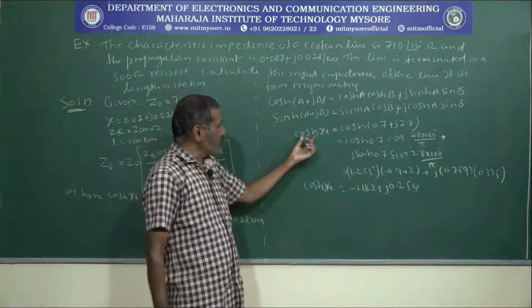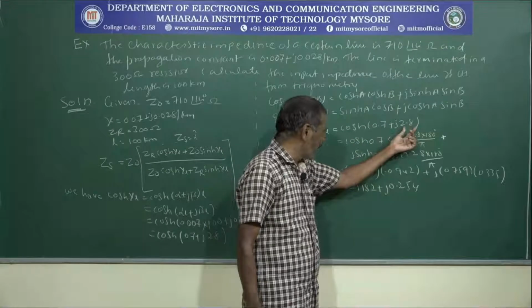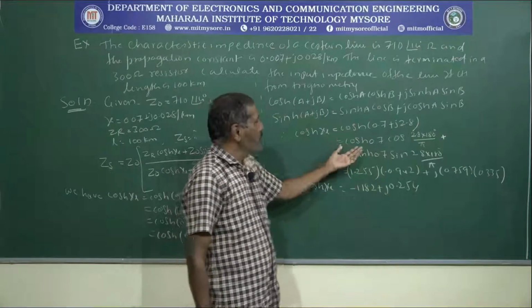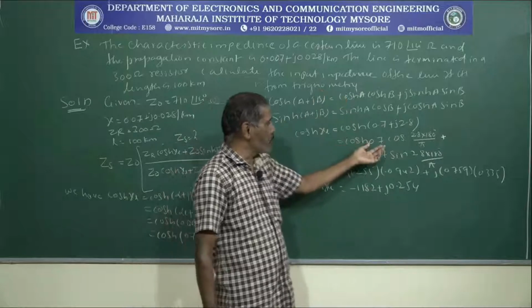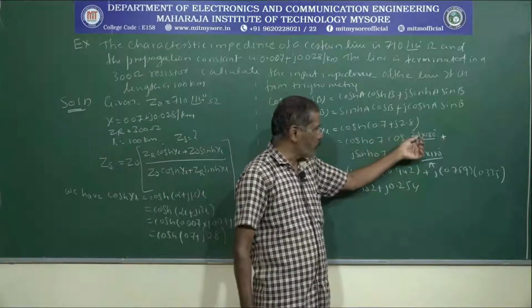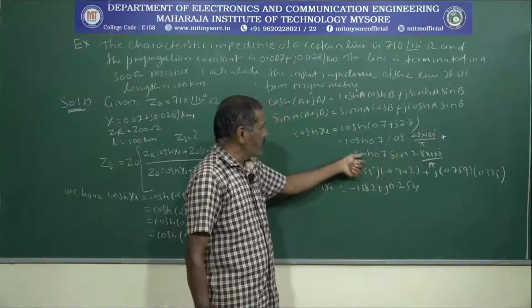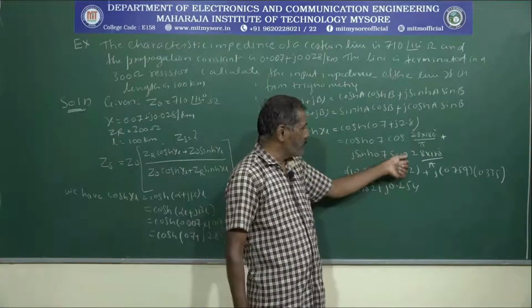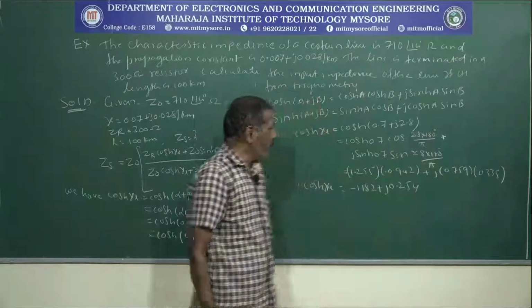Now therefore cosh of gamma L is equal to cosh of 0.7 plus j2.8. Because we are writing this equation in this form, cosh of 0.7 into cos of 2.8 into 180 degrees divided by pi plus j sinh of 0.7 into sin of 2.8 into 180 degrees divided by pi.